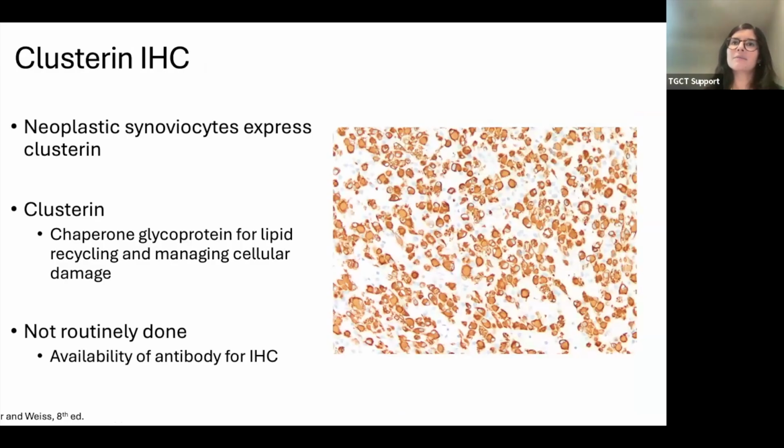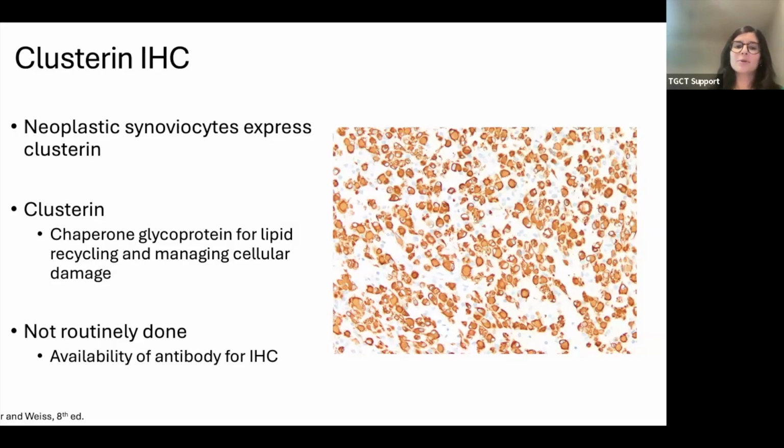This is another protein that's involved in this tumor that we could use. It is a little bit more widely commercially available, but again, just not commonly employed because you don't necessarily need to go to this level to be able to diagnose TGCT. So this is clusterin, a protein that's expressed again just in the neoplastic synoviocytes.